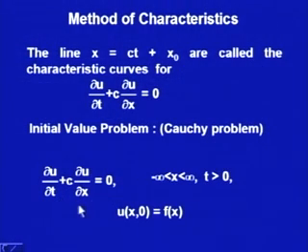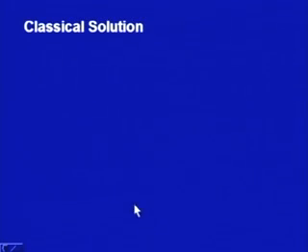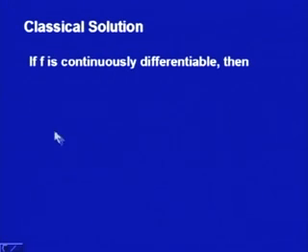If you do remember, we have already done this one. We had found that f of x minus ct is the characteristic, and from this characteristic we found that x naught is x minus ct, that is the argument, and with the initial condition we could find that particular function. Now, if f, the initial condition function, is continuously differentiable, what does it mean?